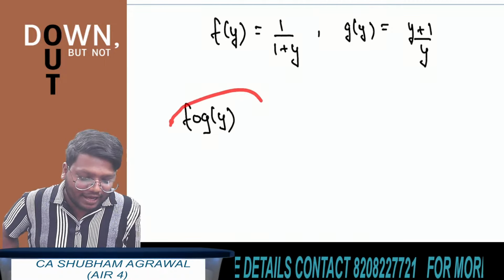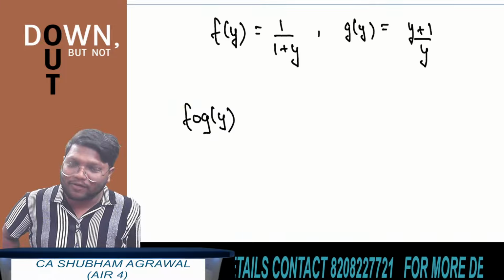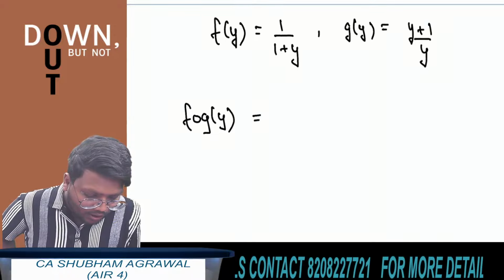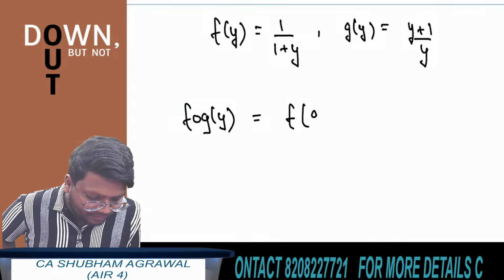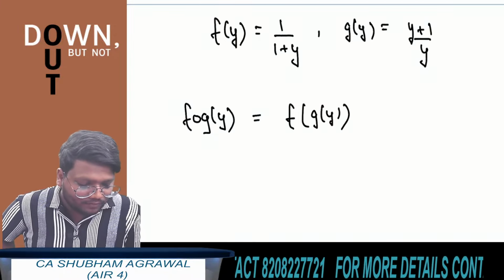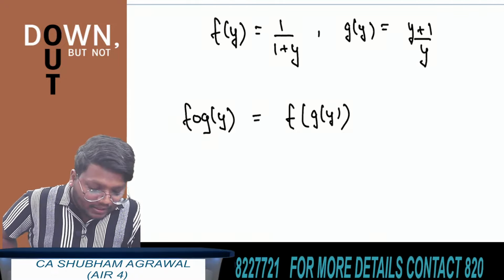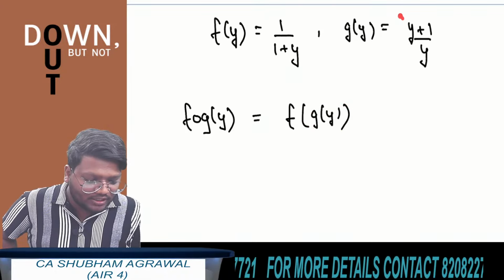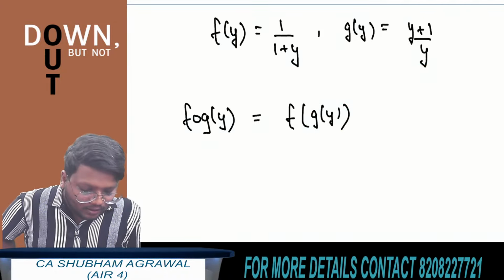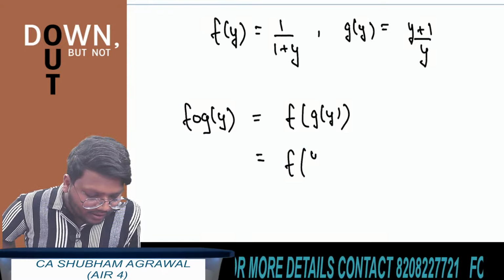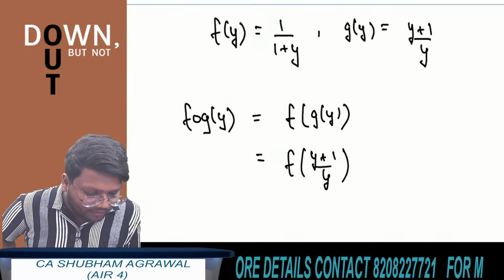You can read it as f of g of y, or as fog y. Now you can write it this way: f, then in brackets g of y. G of y is already given in the question: y plus 1 upon y. So right now this is f, then in brackets y plus 1 upon y.